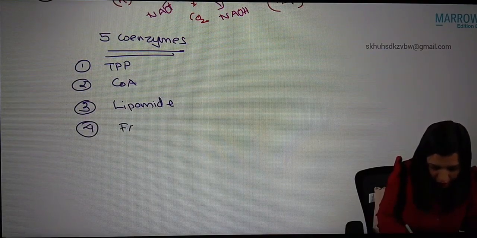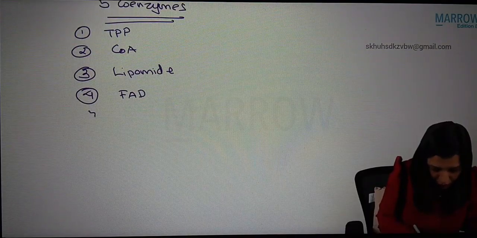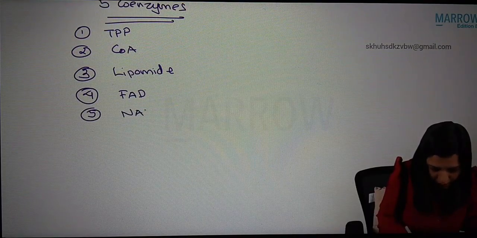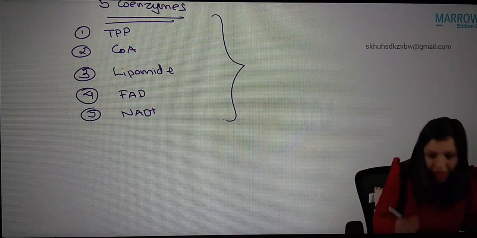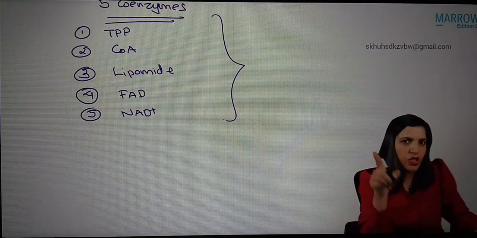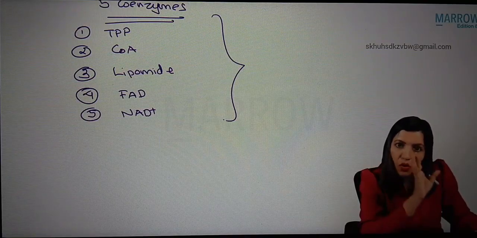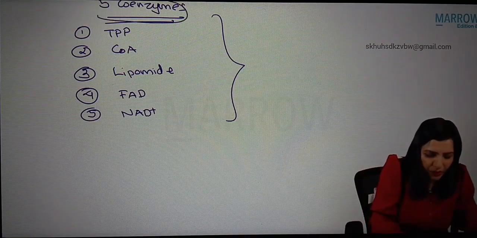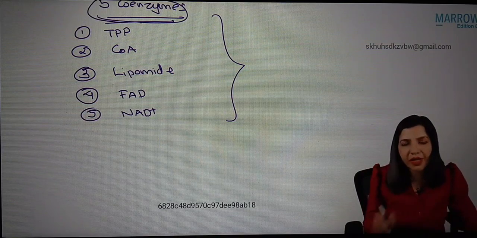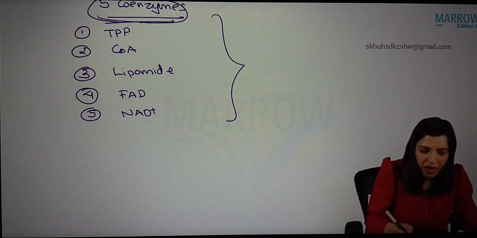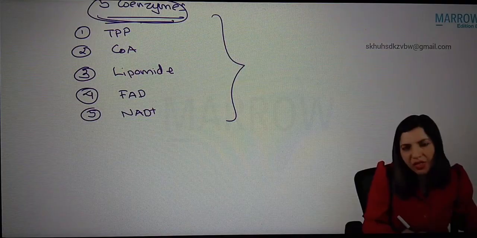Fourth is FAD. Fifth is NAD plus. All 3 reactions that I've given above, PDH, BCKD, and alpha ketoglutarate dehydrogenase, all require these 5 coenzymes. Very, very important. Then all these belong to class 1 oxidoreductases.